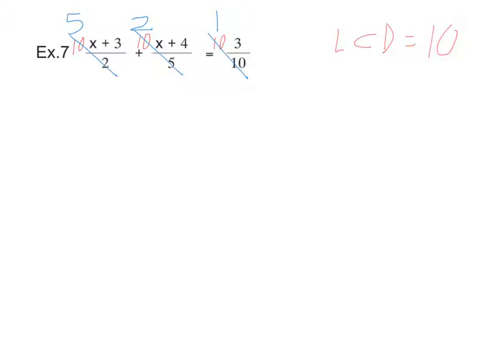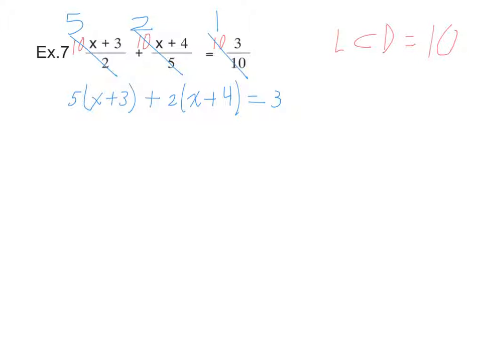All right, I'll multiply it out now. 5 times x plus 3 needs to be written like this, with parentheses. 2 times x plus 4 will also need parentheses. And finally, 1 times 3 is just 3.